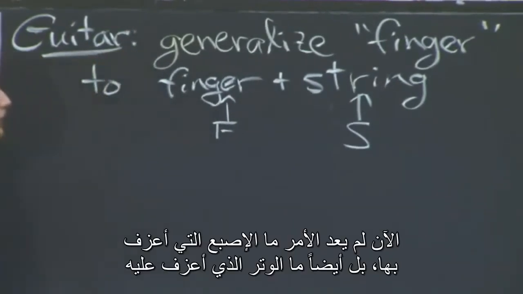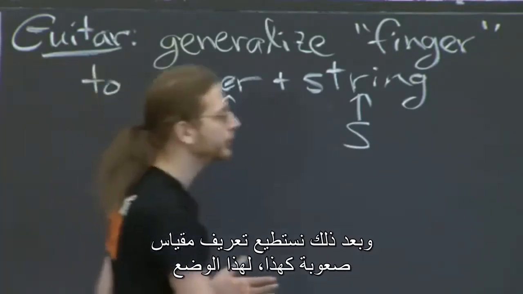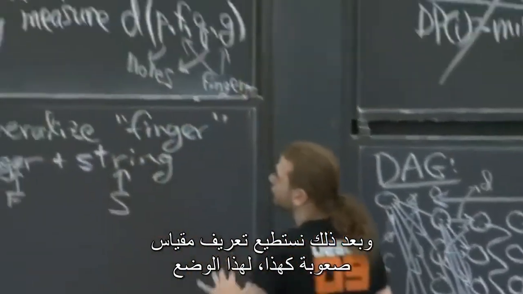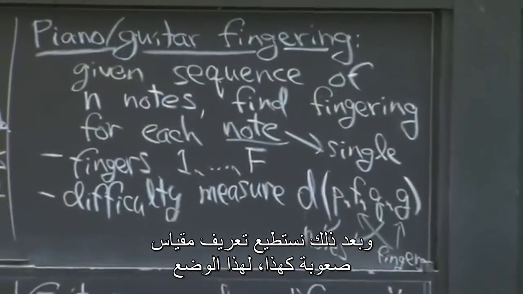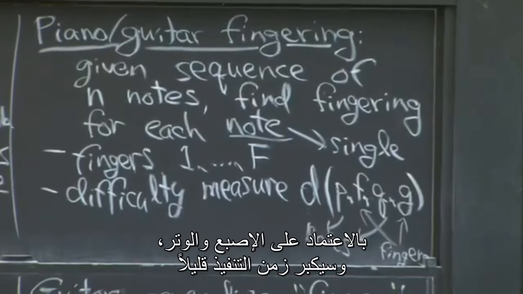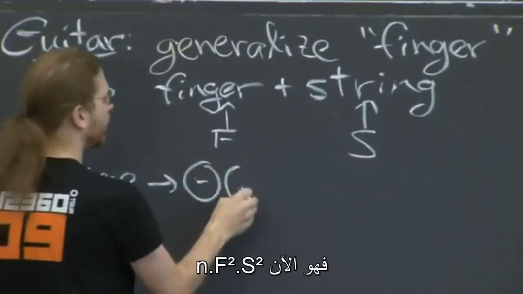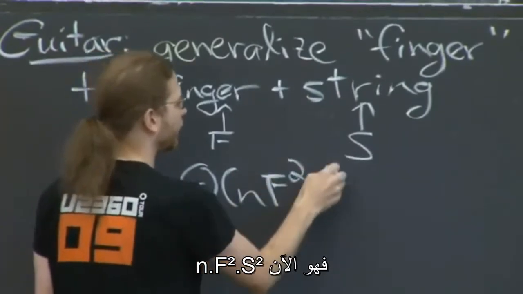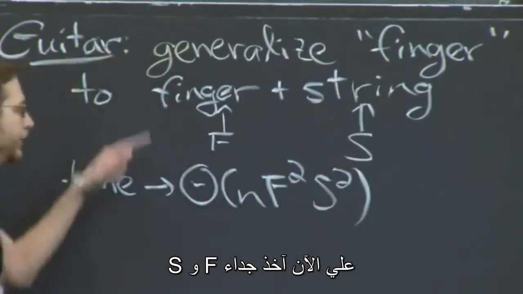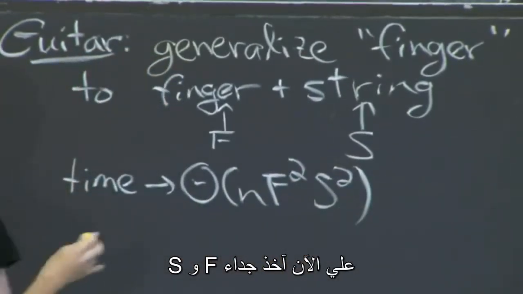And now it's not only which finger am I going to use, but what string will I play it on. And then you can still define a difficulty measure like this for this setup, depending both on the finger and the string. And then the running time grows slightly. It's now n times F squared S squared, because now I have to take the product of F and S. OK, so that's the first thing.